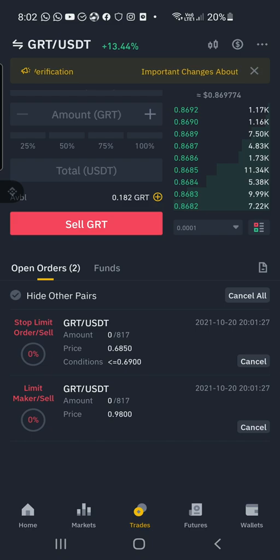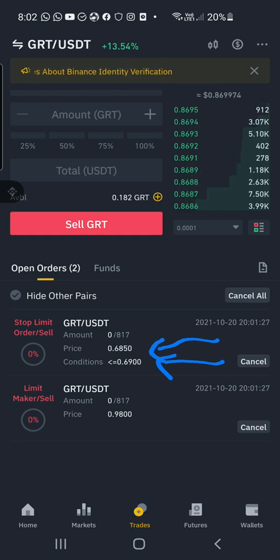So as we were saying, the first open order we have is the stop limit order, which is the stop limit as we said. So as you see here, the condition is if the price is less than or equal to 0.69, then the price that we want to sell for is 0.685.